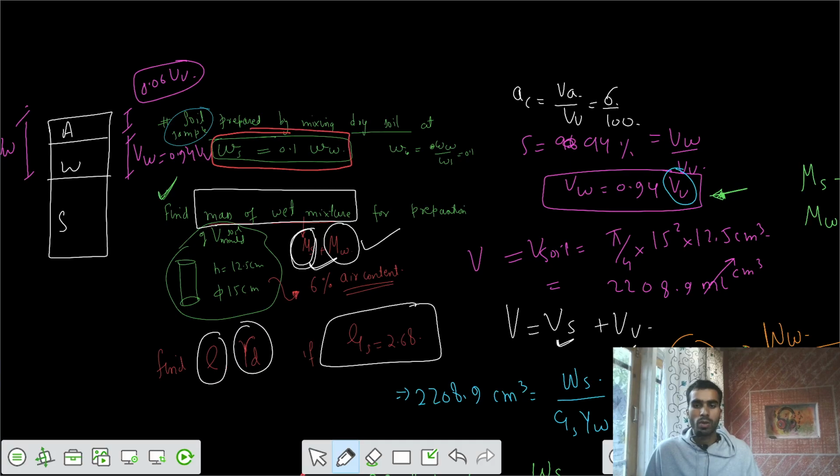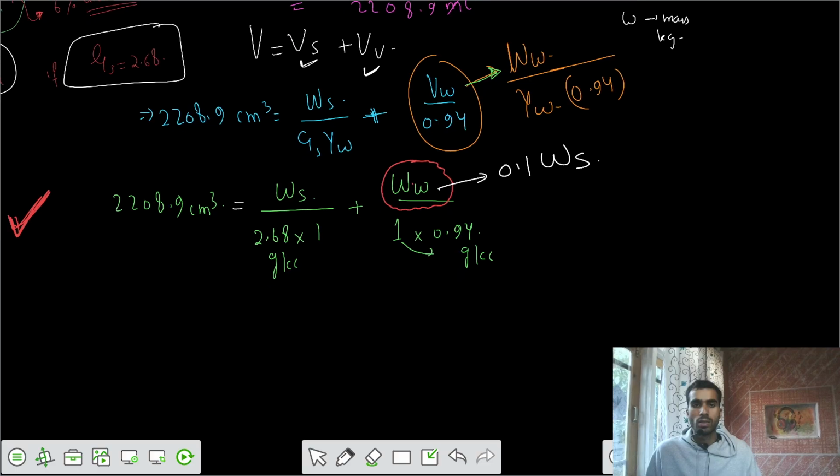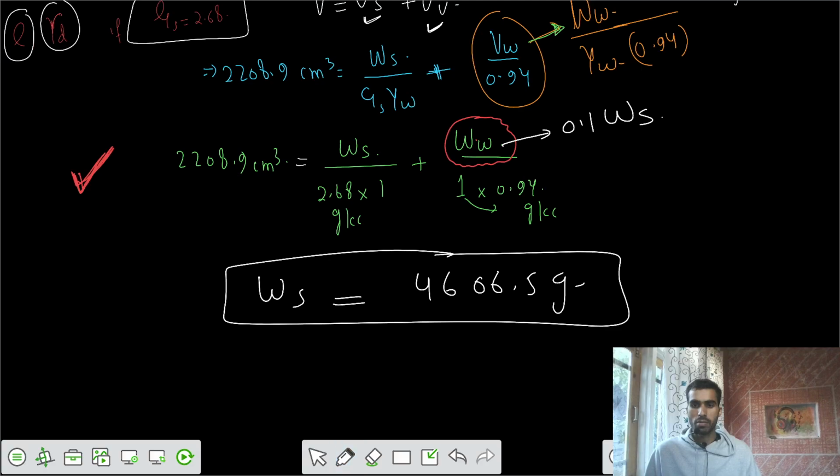So this part is equal to 0.1 times weight of solids. So finally you can solve for the weight of the solid in terms of mass, that would be weight of the solid equals 4606.5 grams. So that's the weight of solids in terms of mass.